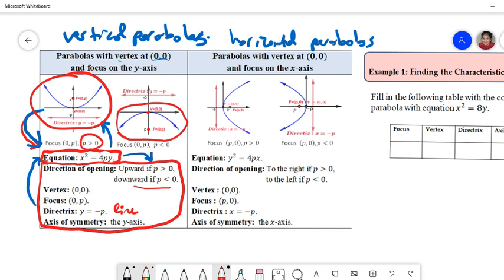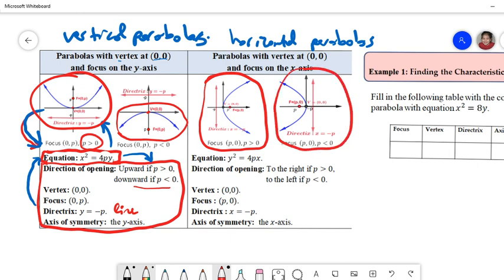And for the horizontal parabola, either we have this shape here, open to the right, or it will be open to the left, depending on p. And the equation, you see, is different than the vertical one. Here we have y squared equal to 4px. Now when we give you this information, we ask you to tell the others.